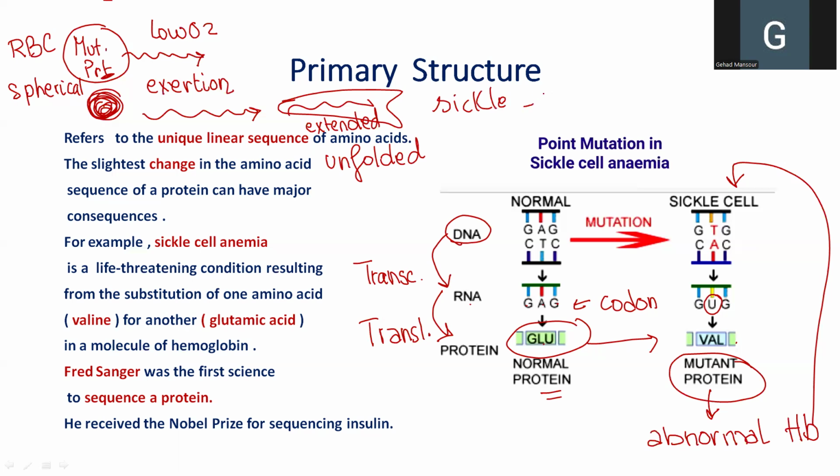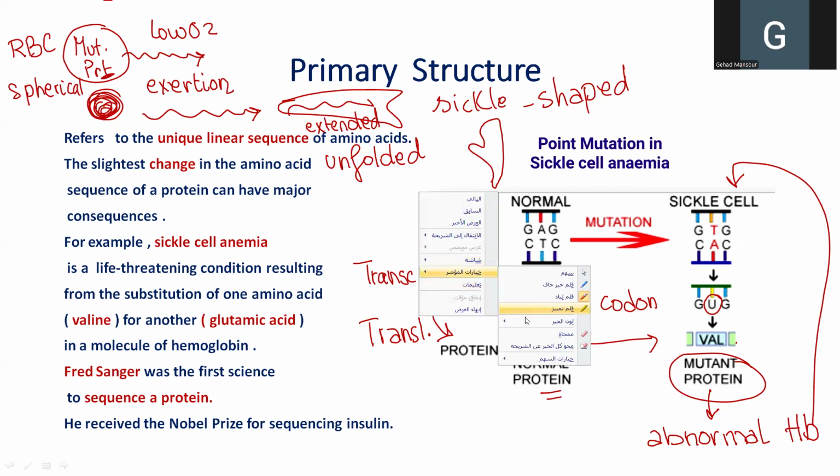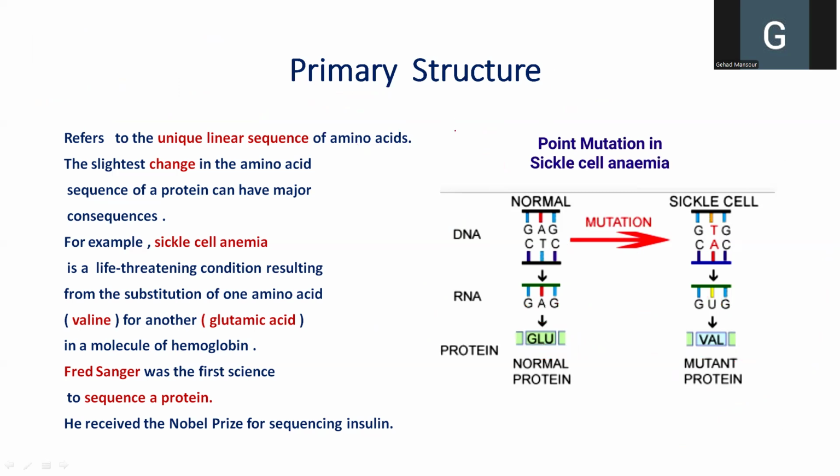You know, the sickle-shaped looks like this, very similar to the tool with which we cut the grass, and that's why it is called sickle cell anemia. Okay, we have understood why it is called sickle cell, because the red blood corpuscles become sickled upon exposure to low oxygen. But why anemia?